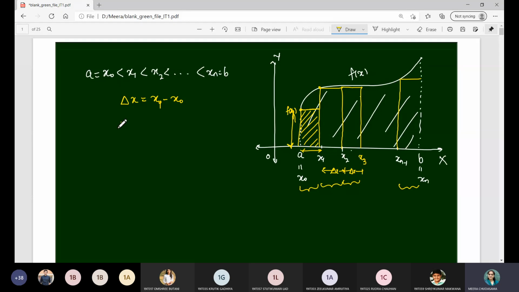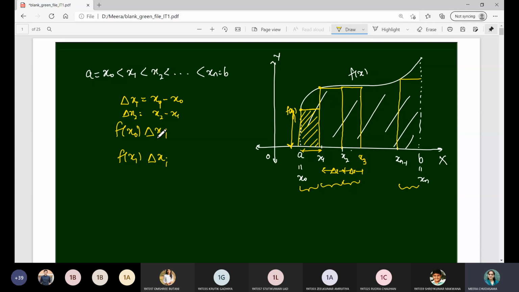For the second case, this one will be the lowest value, so it is nothing but f of x1 into delta x, and so on. If the lengths are not the same, then it will be denoted with delta x1, meaning x1 minus x0, delta x2 meaning x2 minus x1, likewise.